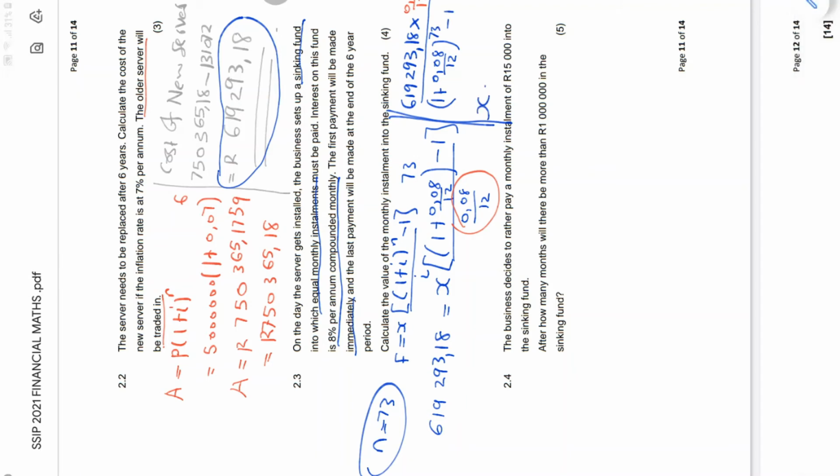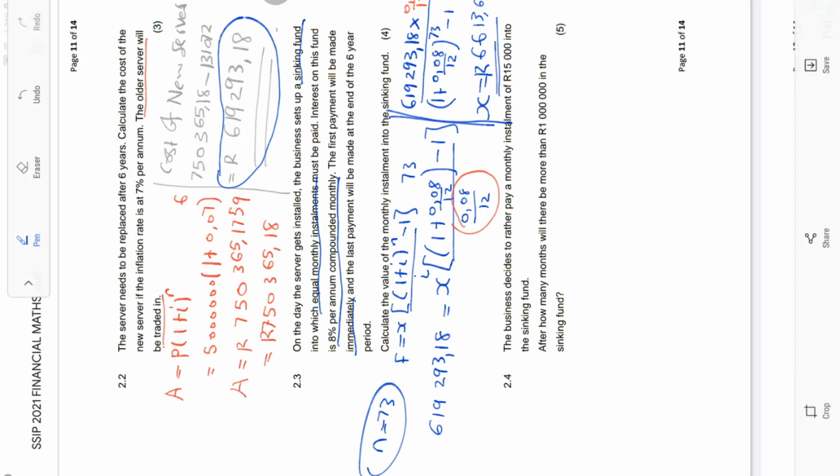And once you do that, you get your value of X as 6,613.64 rands. So that's how much the business needs to be depositing into the sinking fund if we are to have a new server in 6 years' time.